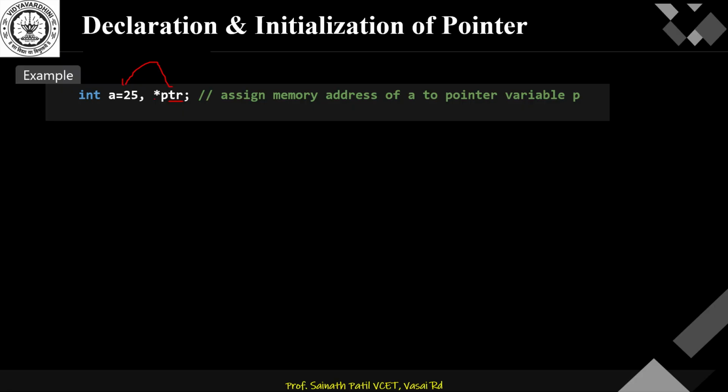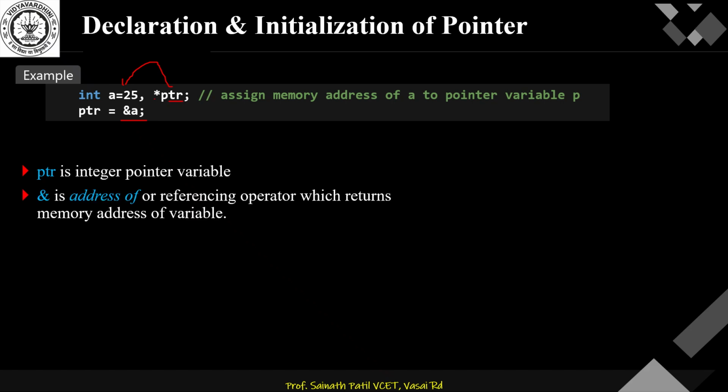So the statement is ptr equal to ampersand a. This ampersand is called the address of operator. PTR is an integer kind of pointer variable which is going to point to the integer variable a, because ampersand is the address of operator, which returns the memory address of variable a and assigns it to PTR.